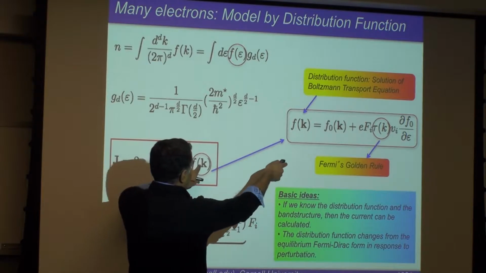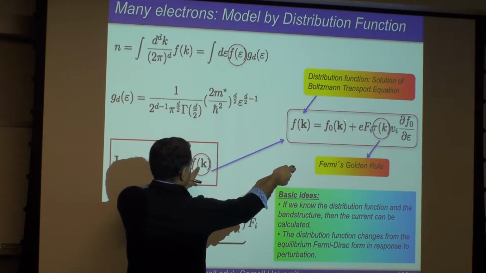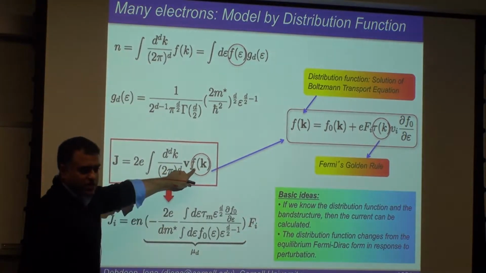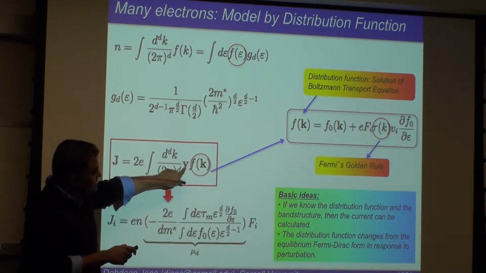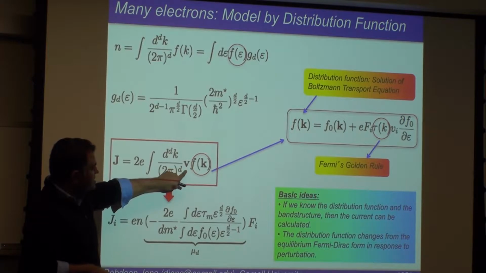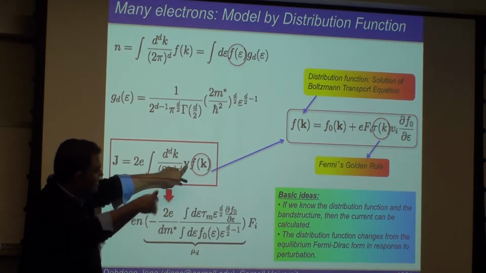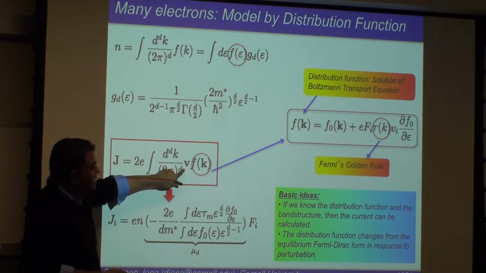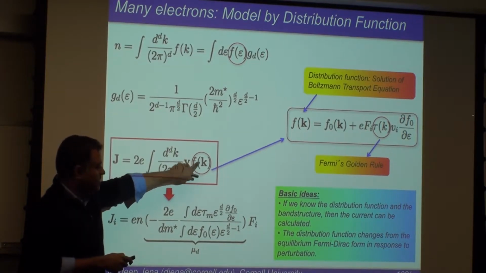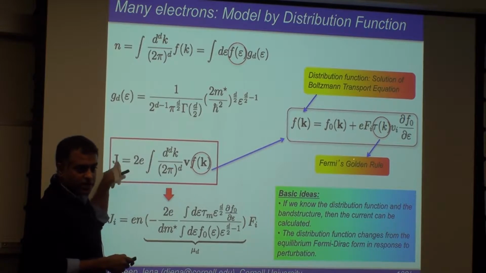But when you plug this in here, the symmetric part of it will give you 0, right? Because group velocity is symmetric, and this is also symmetric, and they're equally positive and negative for the plus and minus cases, so it will give you 0. Whereas this part will survive, and that's what is going to give you your transport current here.